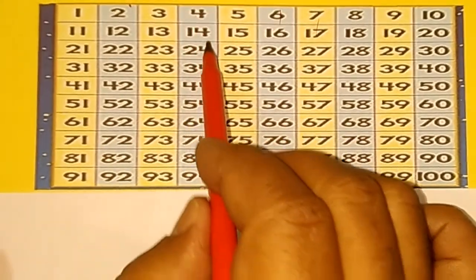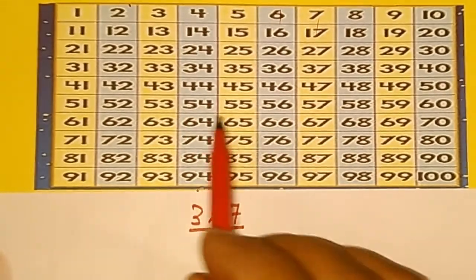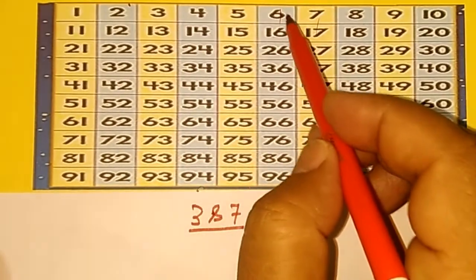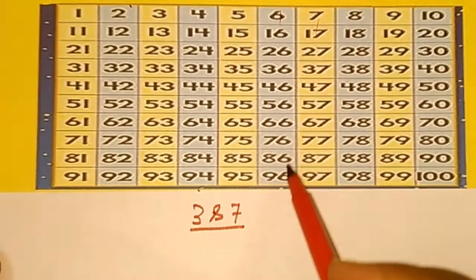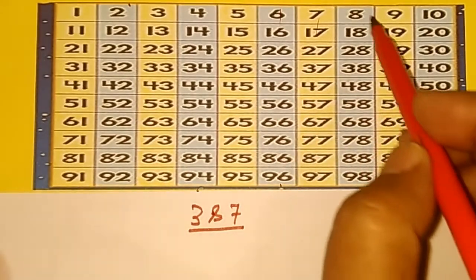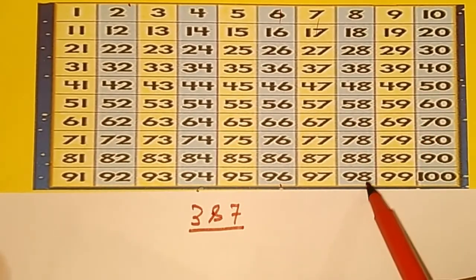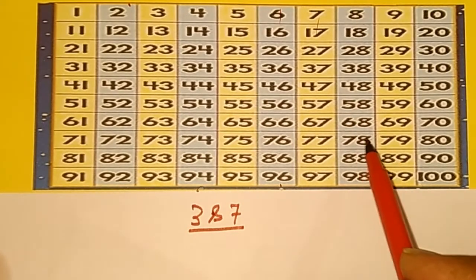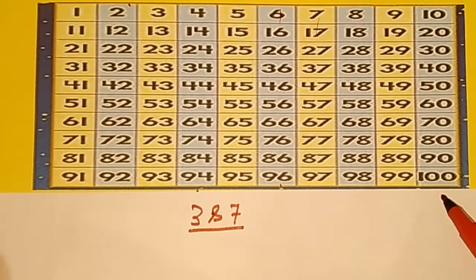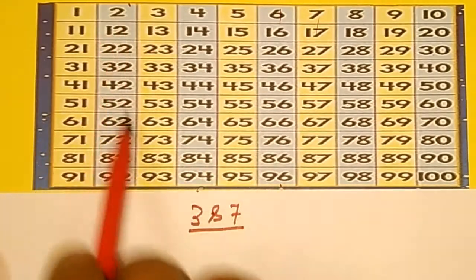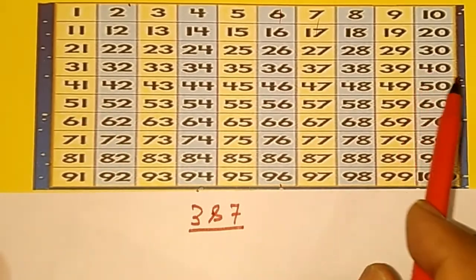If the unit place is 4, that is 4 to 94, these numbers are not prime. From 6 to 96, the unit place is 6, these are not prime. From 8 to 98, all unit places are 8, all are divisible by 2, so they are not prime. 10 to 100 are also divisible by 2, so these are also not prime. Except 2, all even numbers are not prime.